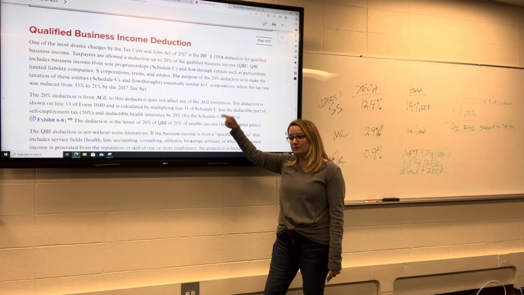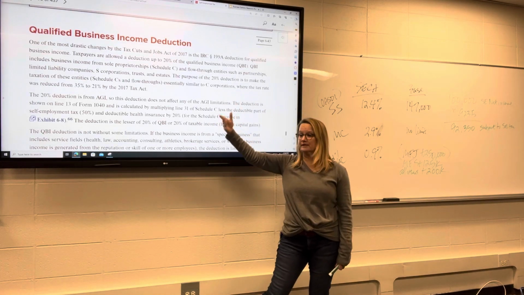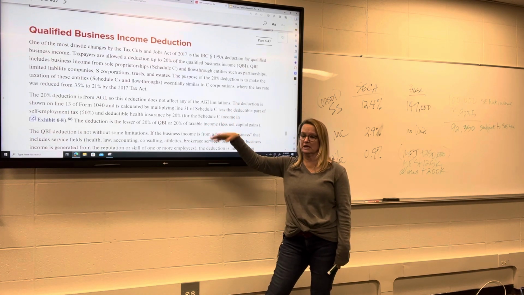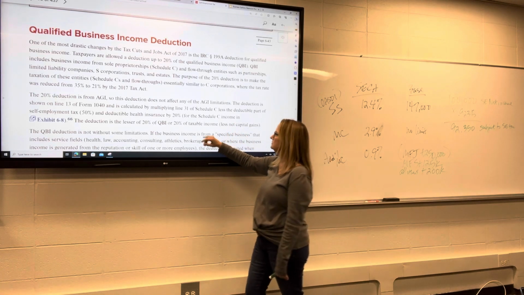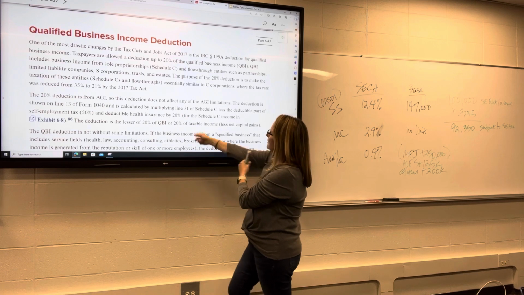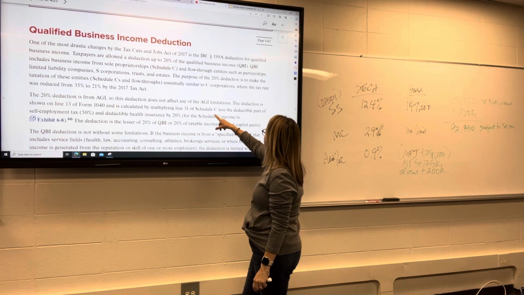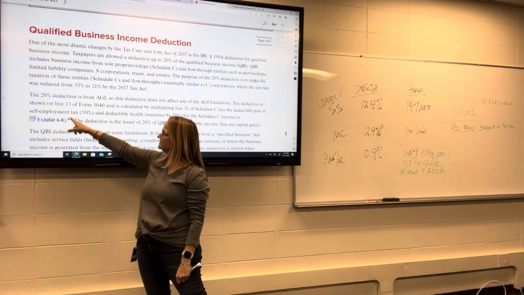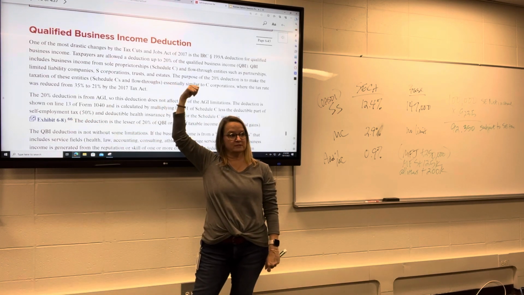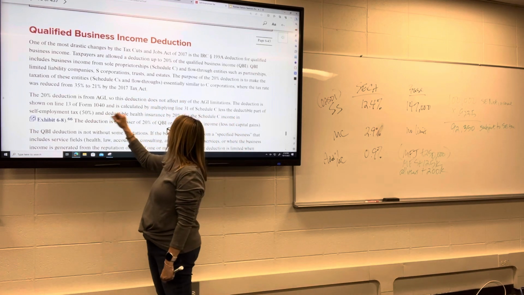You've got to add those amounts back, otherwise they're doubling up. They're giving you a deduction on top of a deduction. They don't like to do that. So take whatever's on line 21, add back half of the self-employment tax, whatever we've calculated on that Schedule SE, and if there's any self-employed health insurance.